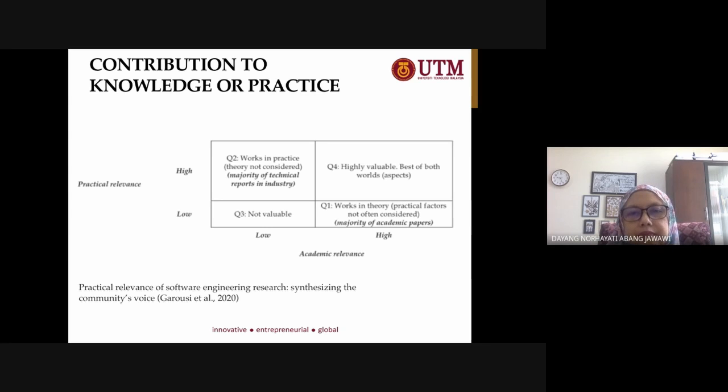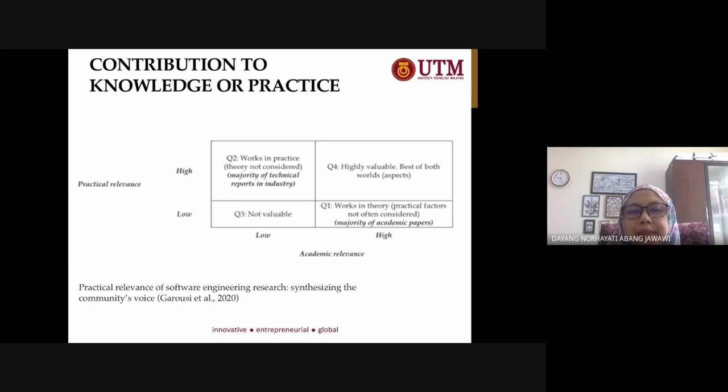Okay, and you can also have quadrant 2, where it's more practical, less academic. Usually a research institute in any organization, like the research institute in Microsoft, is more focused on the practicality of the research result.